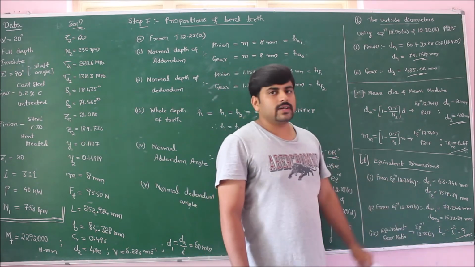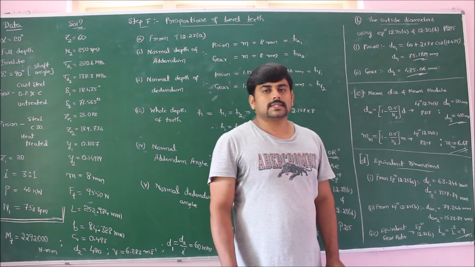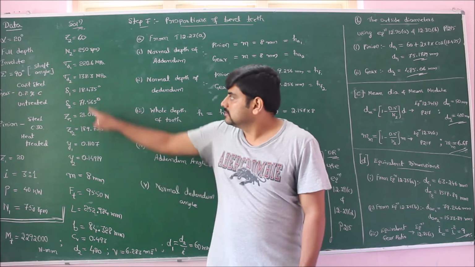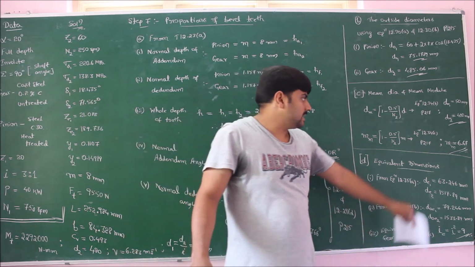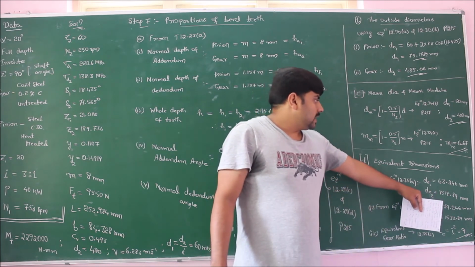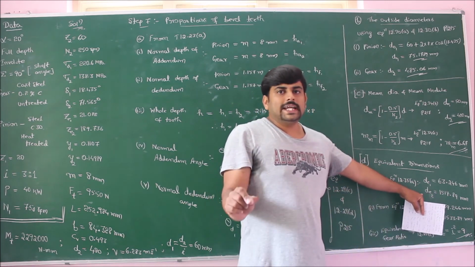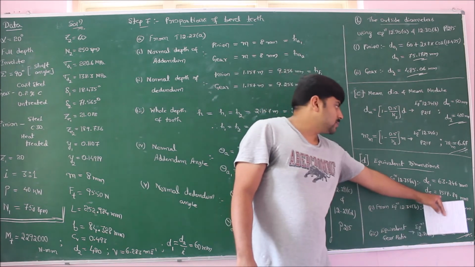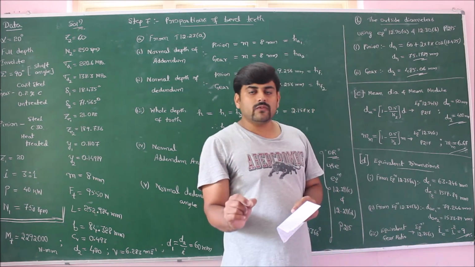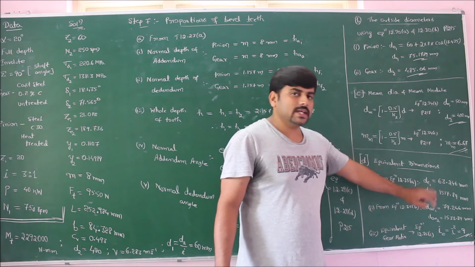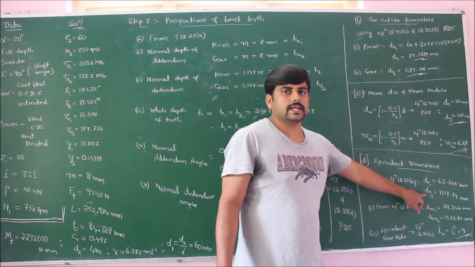Substituting the value of d1 and delta 1, that is 60 millimeters and delta 1 of 18.435, I will get the value of d equivalent 1. Similarly, substituting the values of d2 and delta 2, d equivalent will become d2 by cos delta 2. If I substitute, I will get the equivalent pitch circle diameters, the equivalent pitch circle diameter of pinion and of gear.